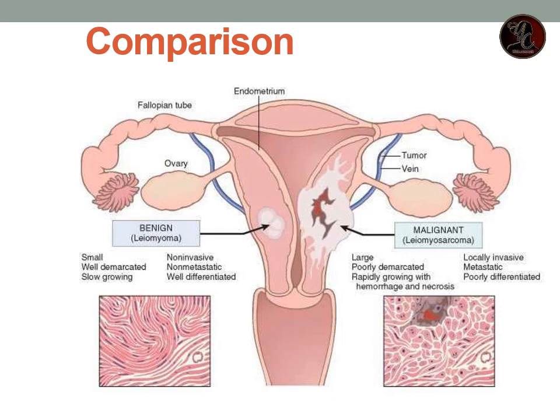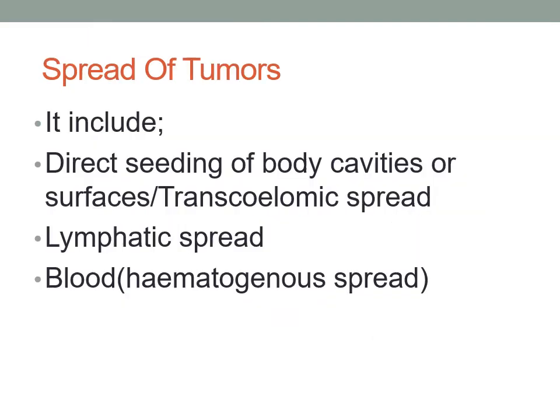Of course, this is a diagrammatic comparison. This is a benign, you can see well confined, it has not invaded the local structure. This is malignant, it has started to invade the local structure. So that is the diagrammatic differentiation of benign and malignant.